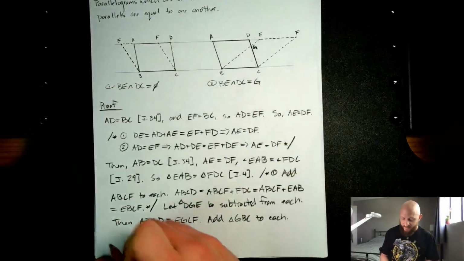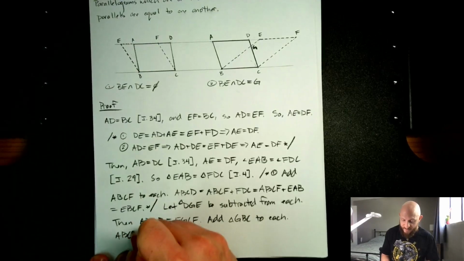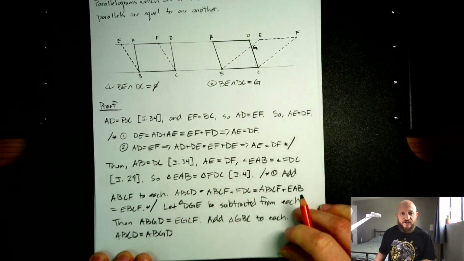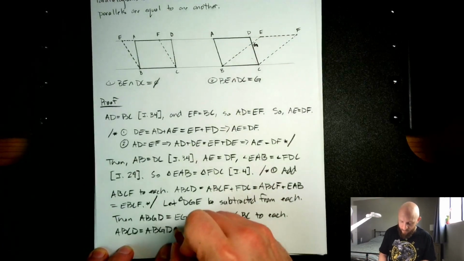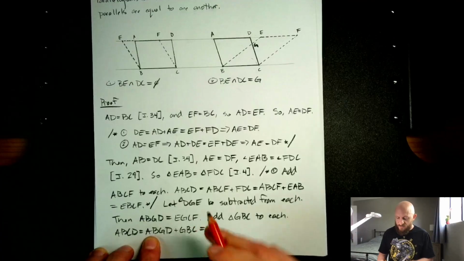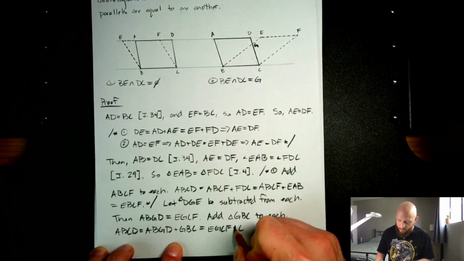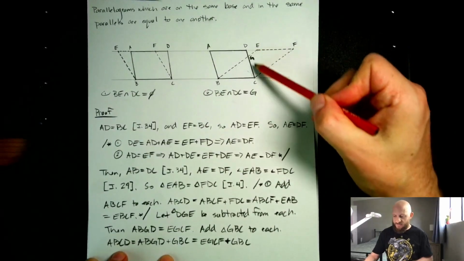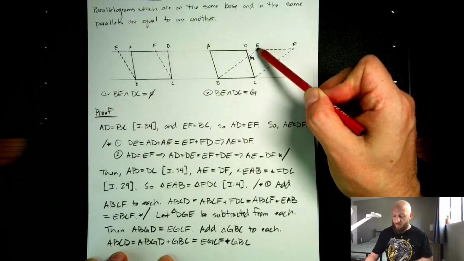But notice that ABCD is equal to ABGD, the trapezium, plus GBC. And ABGD is equal to EGCF plus GBC, and EGCF plus GBC is parallelogram EBCF.